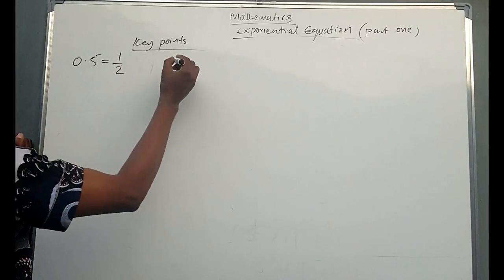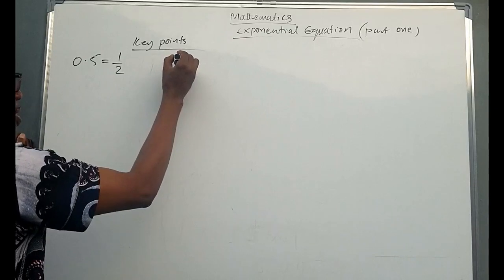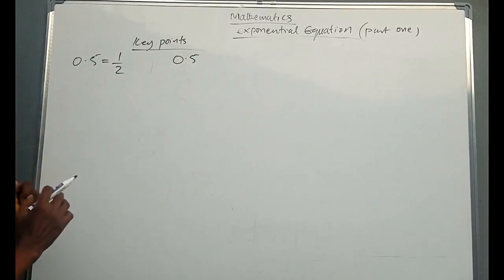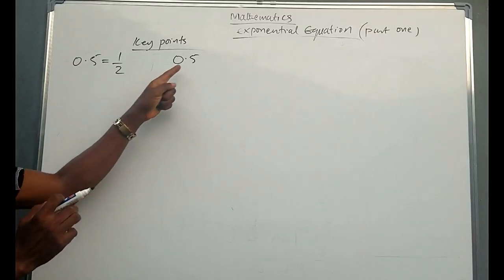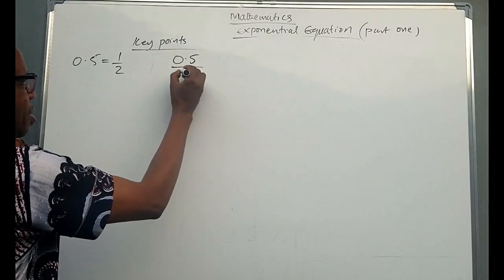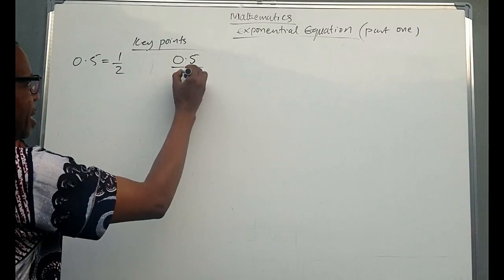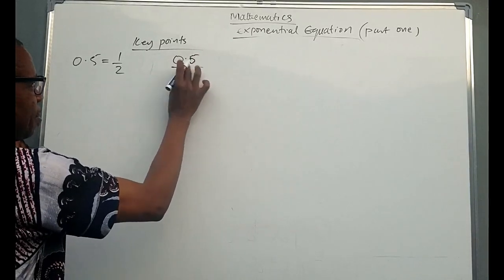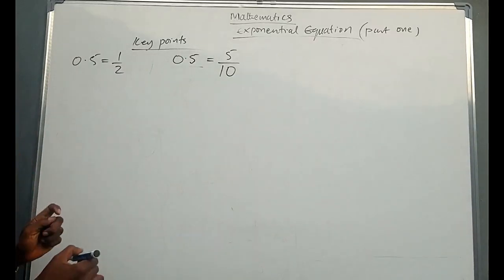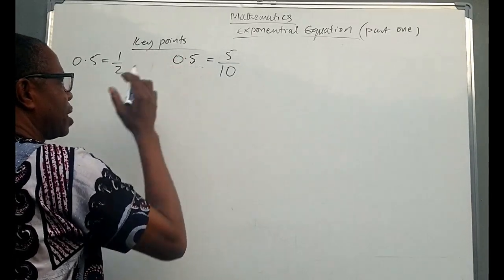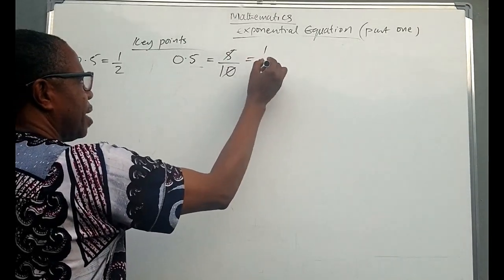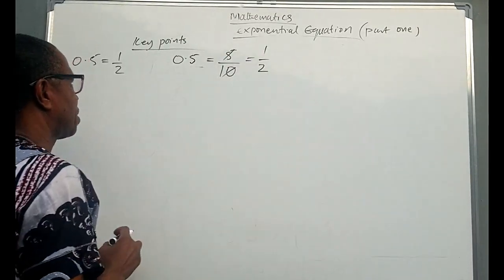Well, you can do that by just saying 0.5 is 5 divided by 10, because you have only one figure after the decimal point. And 5 into 5 is 1, 5 into 10 is 2. That will give you 1 over 2.